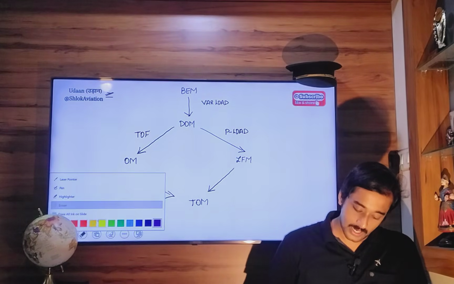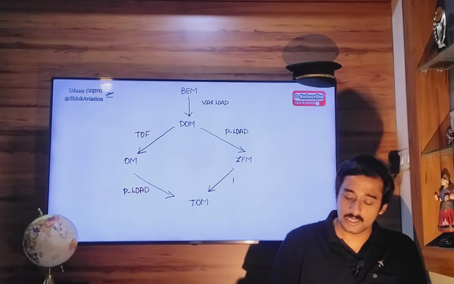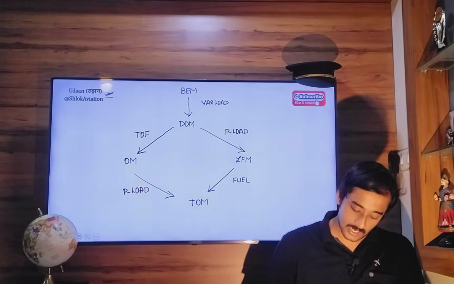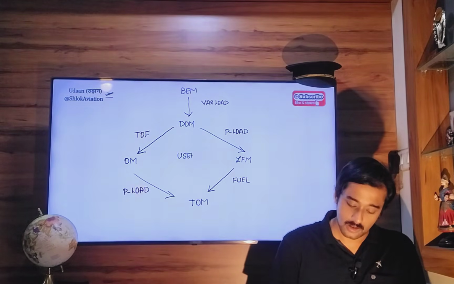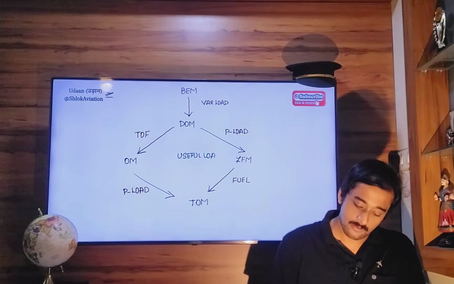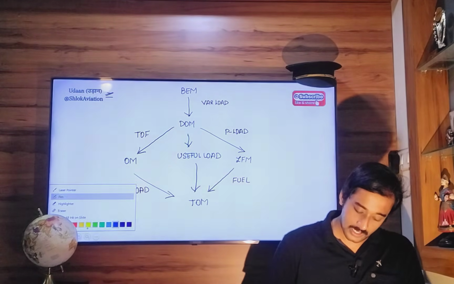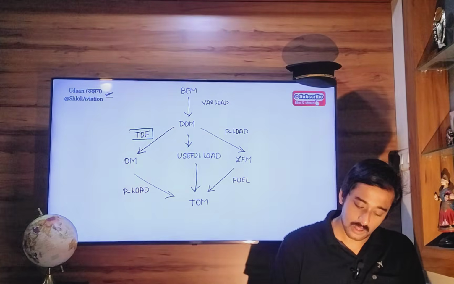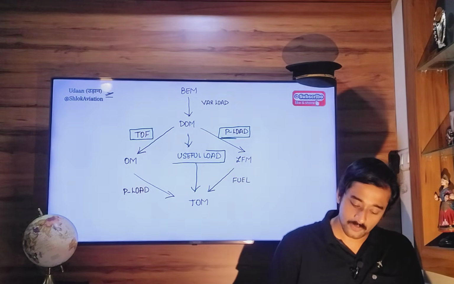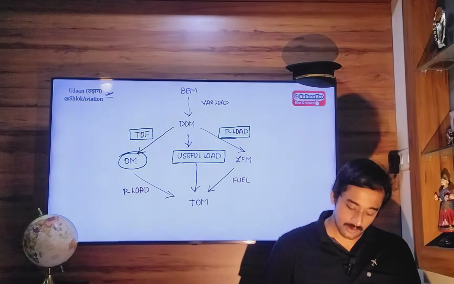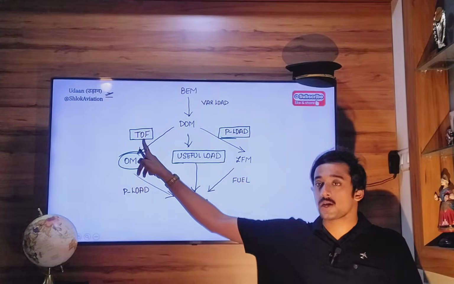So there are two ways to get takeoff mass: add payload here, add fuel this side. Another way to get takeoff mass is DOM plus useful load. What is useful load? It is a combination of takeoff fuel plus payload. So here they are talking about operating mass. So operating mass will be DOM plus takeoff fuel.